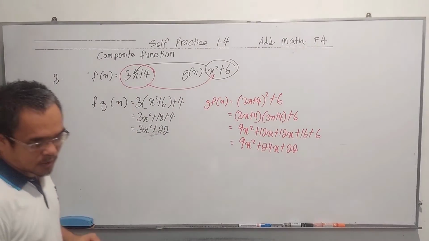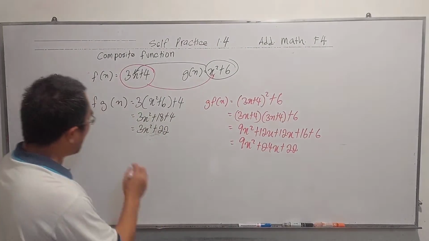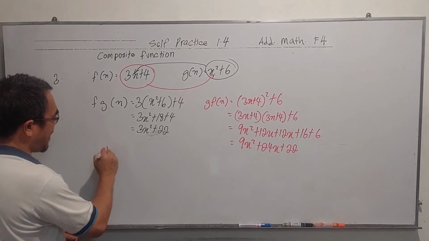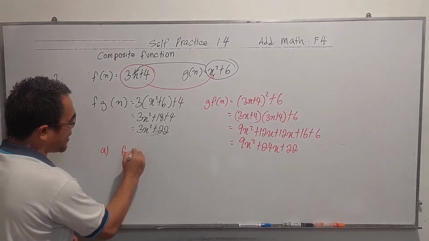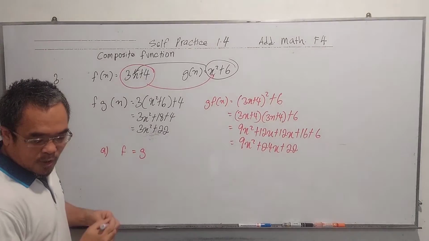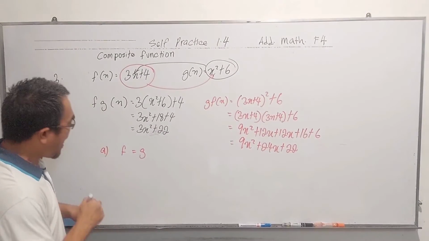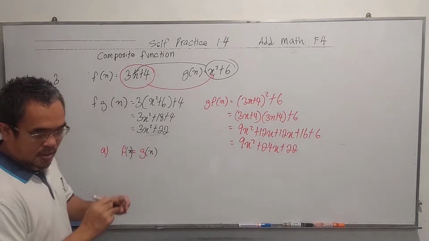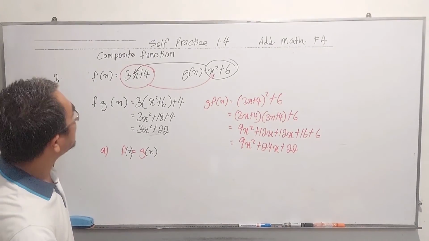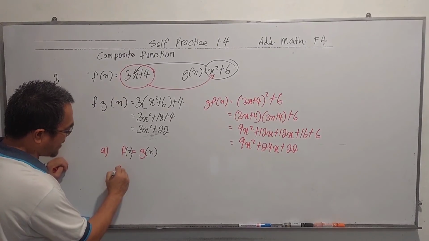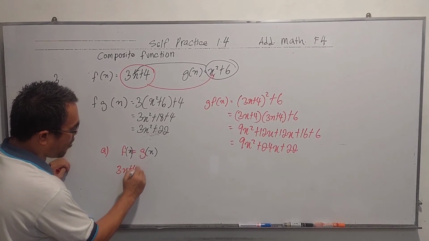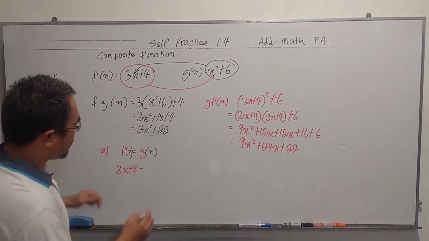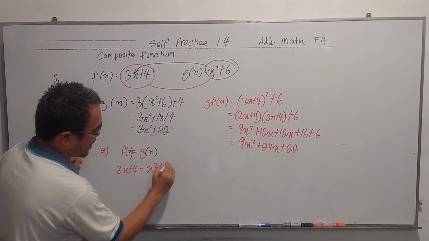Okay, so that is before question A. So the question A is, they say f equals g. f equals g means f(x) equals g(x). So just take the function f, that is 3x plus 4 equals x squared plus 6.